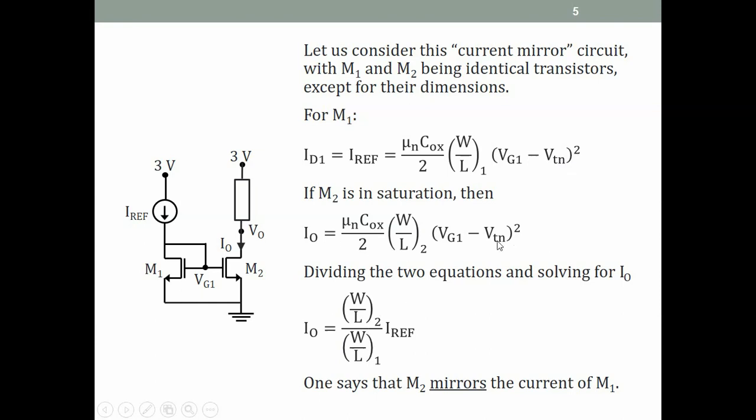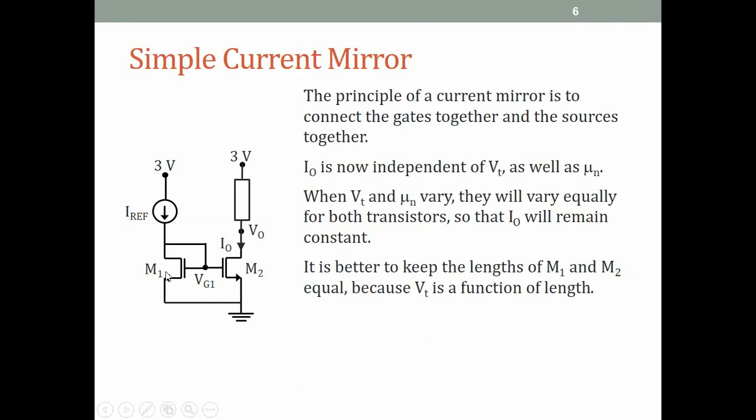So if you want to achieve equal threshold voltages for both the transistors, then we must keep the lengths of the two transistors also the same, so that the lengths in fact will also cancel, and so I0 will be W2 by W1 into IREF. So almost universally, when one makes a current mirror, the lengths of the two transistors are kept the same.